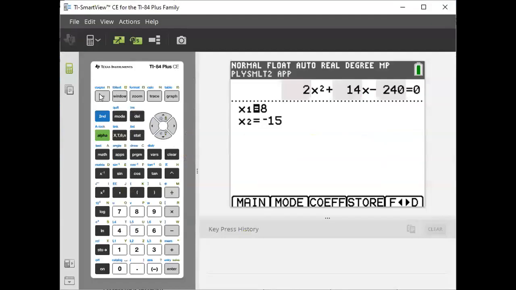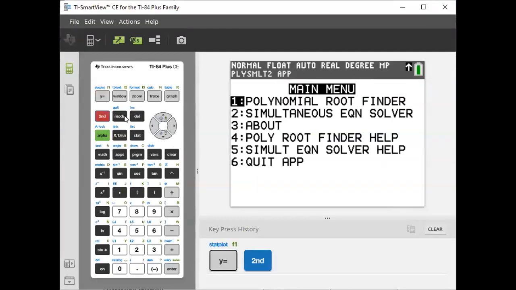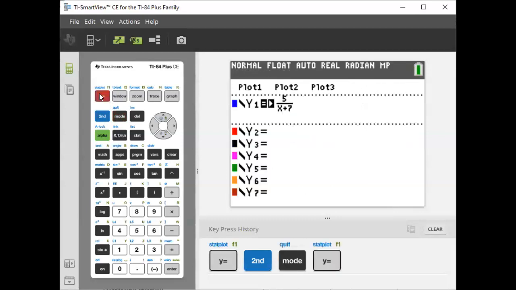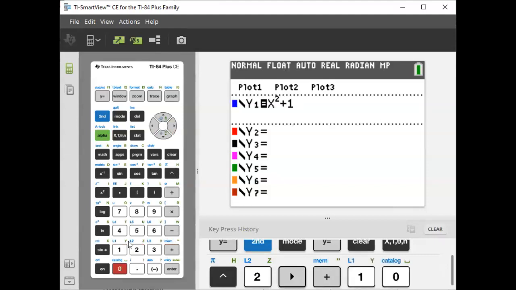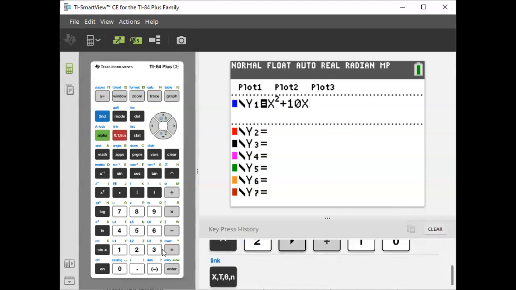I would go to Y equals, X squared plus 10X plus 23. If you aren't doing this right now, please do this, because in a minute, you're going to want to know how to check some of your stuff that we just found. And if you've already typed this in, it'll make your life easier.